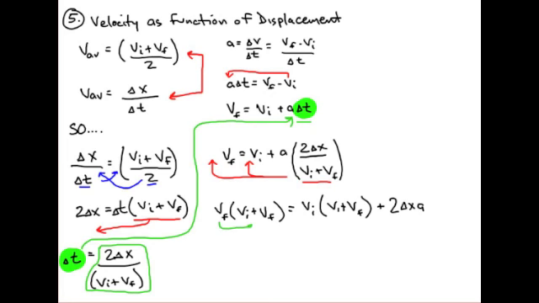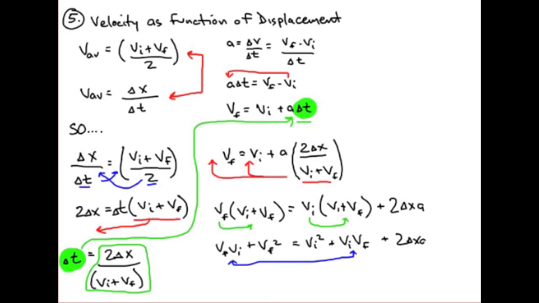Let's take now our Vf and our Vi and distribute these through the parentheses on both sides. So we have Vf Vi plus Vf squared equals Vi squared, stay with me here, plus Vi Vf, which is essentially the same thing as Vf Vi, plus 2 delta x times a.